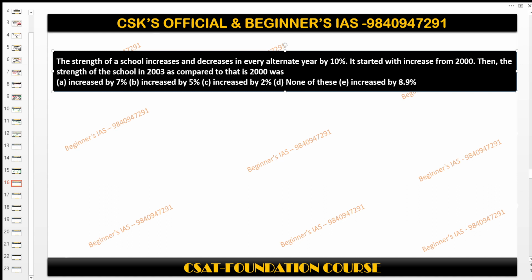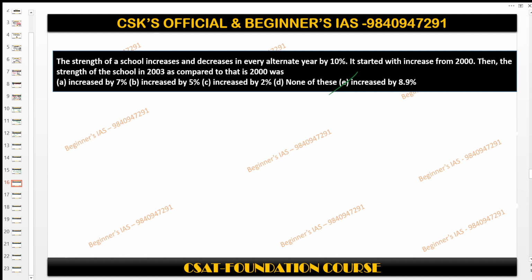The strength of the school in 2003 as compared to 2000 was increased by how much percentage? Which method you applied?